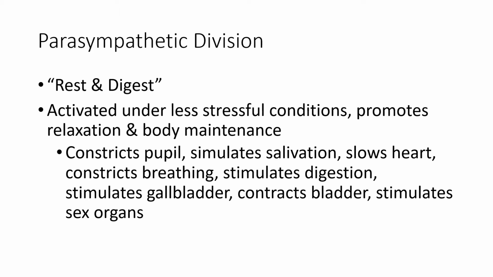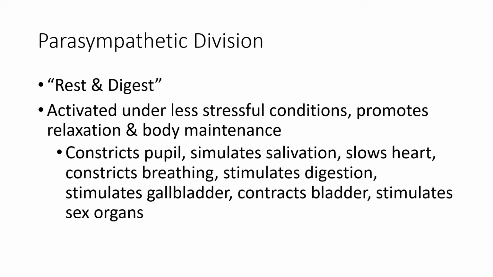So it tends to be more active than the sympathetic system under low stress conditions where you're either resting, eating, promotes relaxation, body maintenance, so urination, bowel movements, digestion of food, all those things, okay?